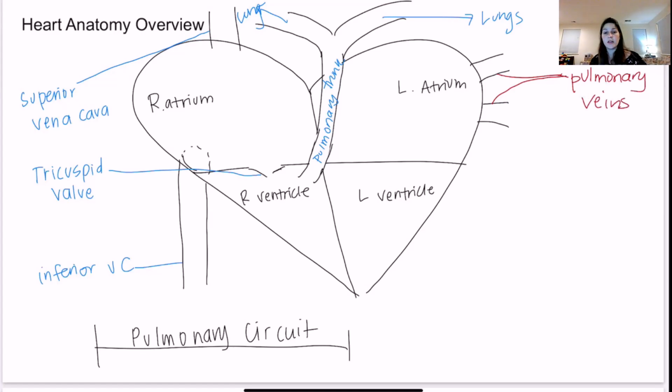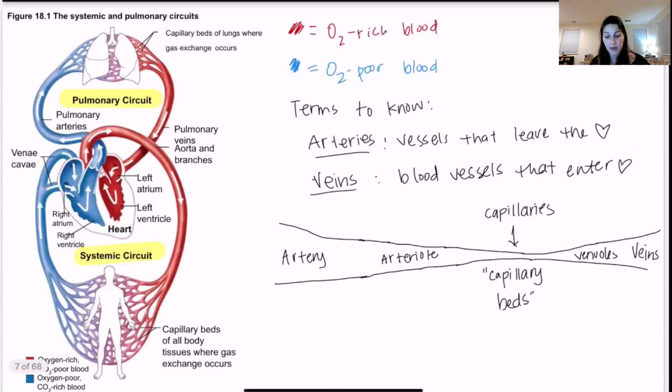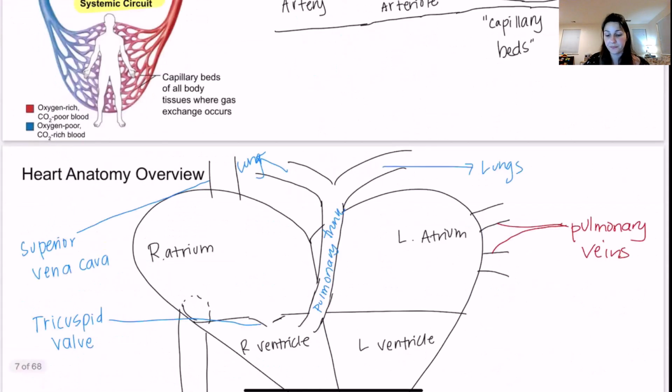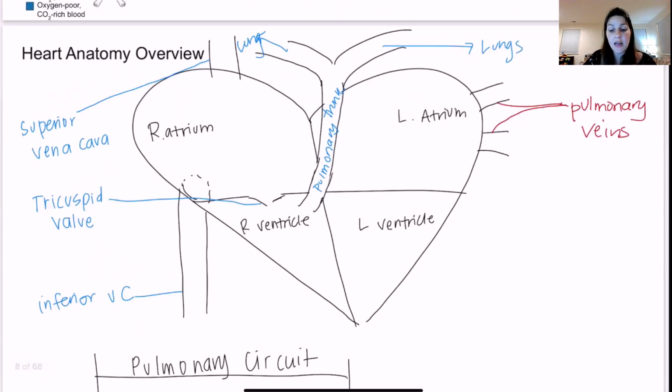And they're called pulmonary veins because they're coming from the lungs back to the heart. And remember, a vein, back one slide, a vein is a vessel coming back to the heart. Okay, so pulmonary veins. We have them on the left, but we also have them on the right. So these are the left pulmonary veins, but we also have right pulmonary veins.